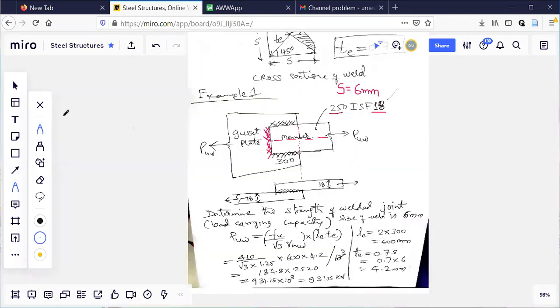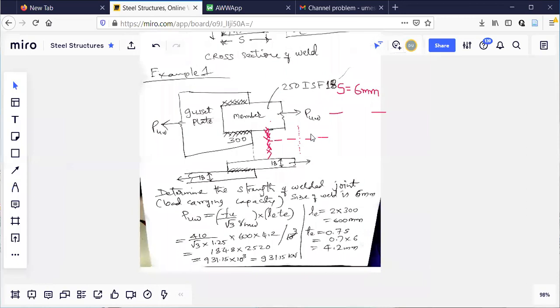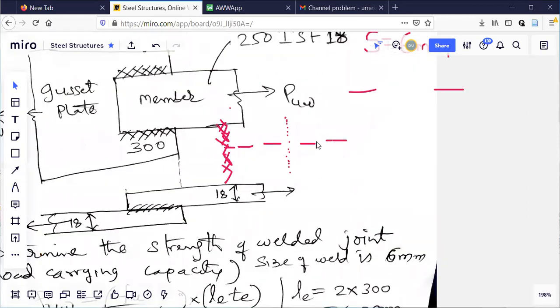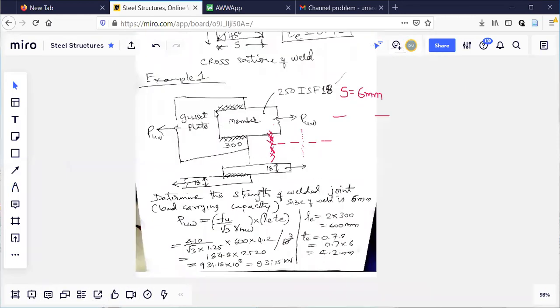I'll show that one. Slightly in a different way I have done it actually in the solution. What I have done is, see this one here. So the second part, you can see, weld is applied along the width also, along the width of the plate. So normal to the direction of the force, weld is applied now.